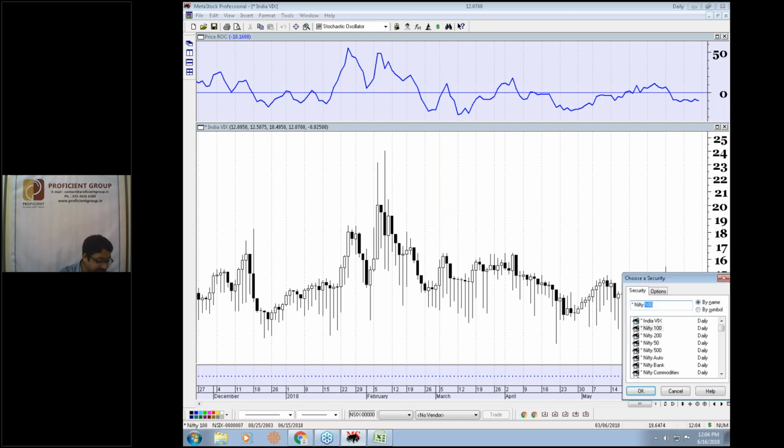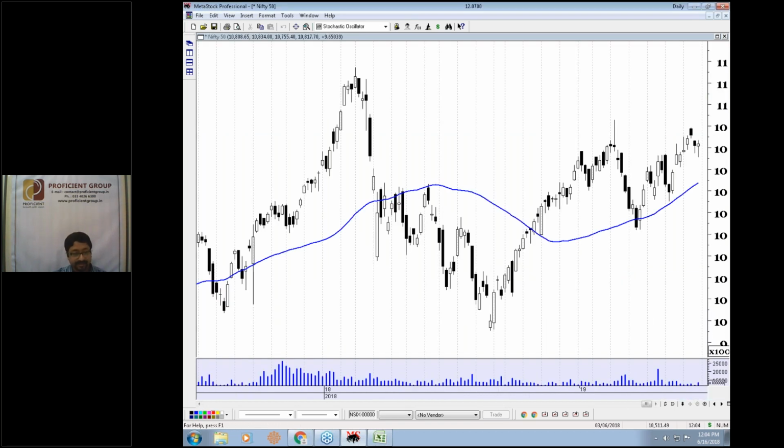Let me show you what Nifty did in those days, right? This is what Nifty was at 1st of February. On 1st of February, Nifty was at 11,016, and in the following 3 days, Nifty was at 10,500. So there is a 600-point fall in Nifty, which is around 6% fall in Nifty in 3 days.